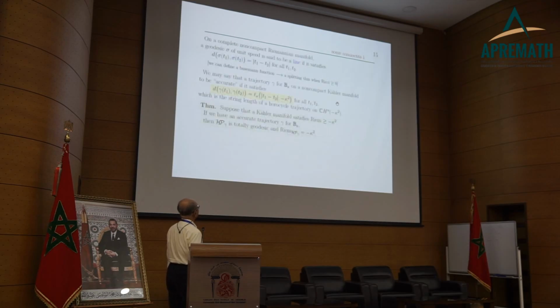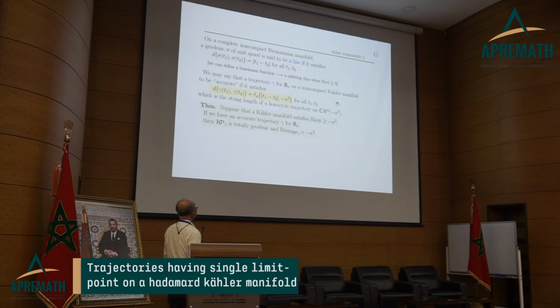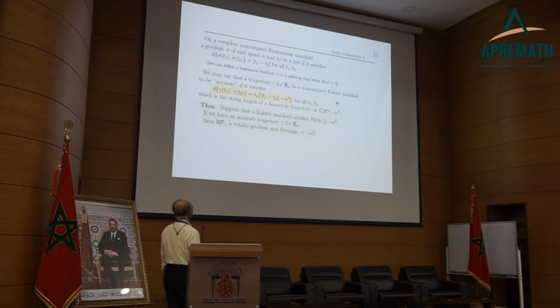But remember, on a complete non-compact Riemannian manifold, a geodesic of unit speed is said to be a line if the distance between sigma t1 and sigma t2 coincides with the distance on the Euclidean real line. By using the existence of such a line, we can define the Busemann function and get a splitting theorem under the assumption that curvature is non-negative.